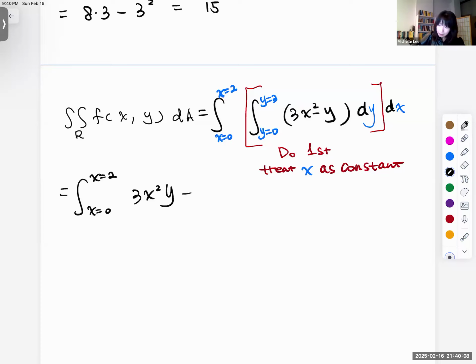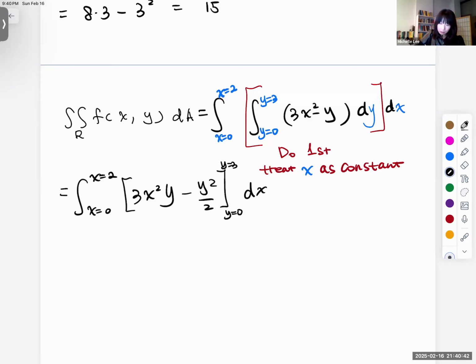Good. Minus second term. We know how to do it. Integrate with respect to y, so y squared over 2, right? Now evaluating, so y equal to 0 to y equal to 3.